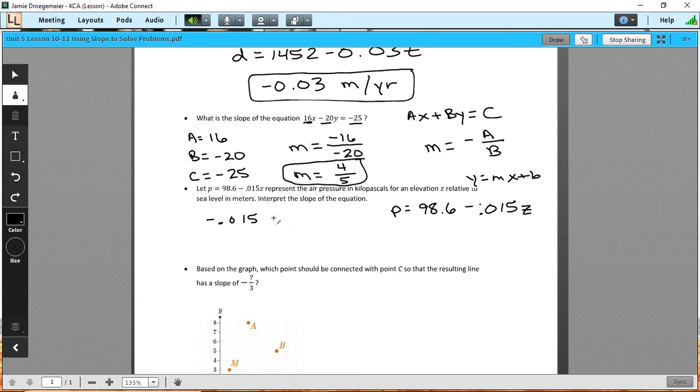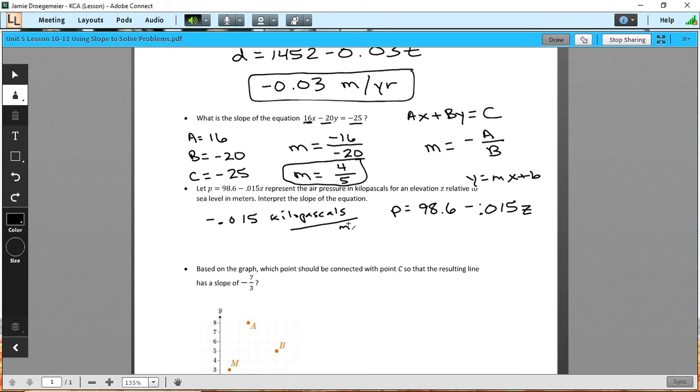So our pressure is in kilopascals. So it's going to be kilopascals per meter. When it asks us to interpret this, so we want to know what exactly is that saying.